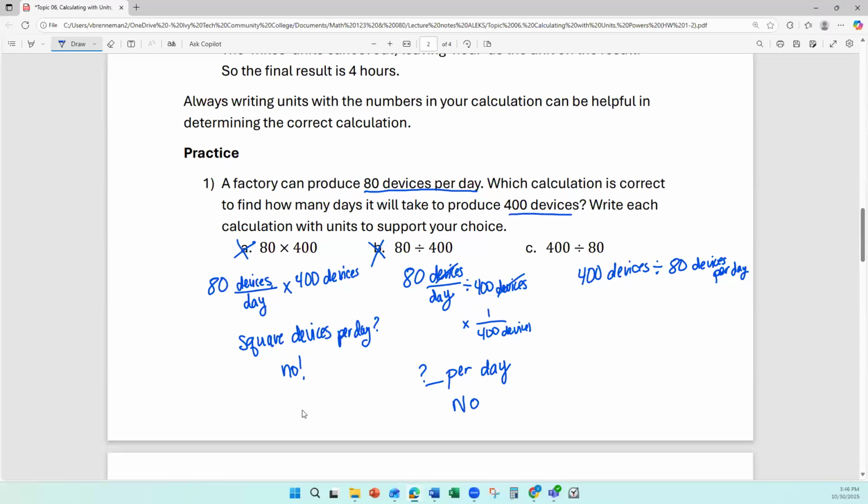So dividing by devices per day becomes devices times day over device. So the device unit cancels and we're left with days, and that's what we do want to have happen. So 400 divided by 80 is 5, and the unit on that is days.